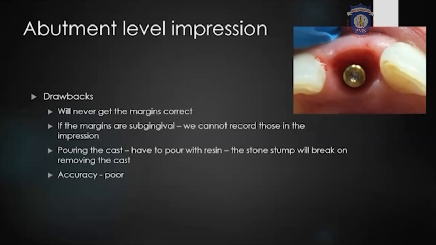Another disadvantage of the abutment level impression technique is that if you need to modify an abutment, like reducing the height or correcting parallelism, we will have to do all this in the patient's mouth. That is, we will have to mill the abutment, reduce the height, and make it parallel. All these things will have to be done in the patient's mouth, which is going to lead to an extended chairside time and also discomfort to the patient.